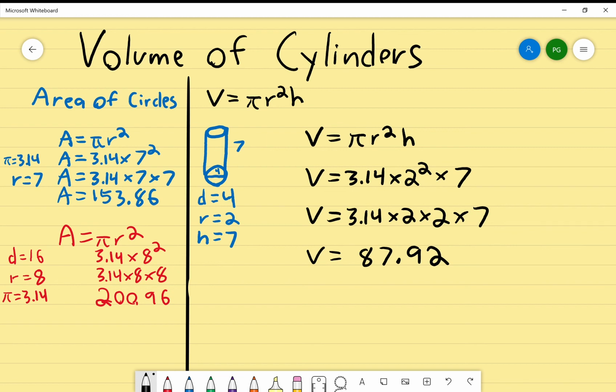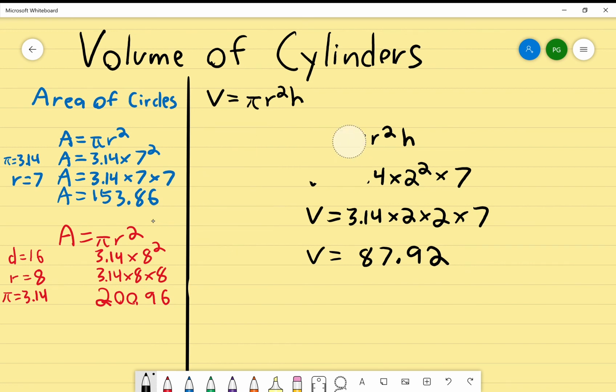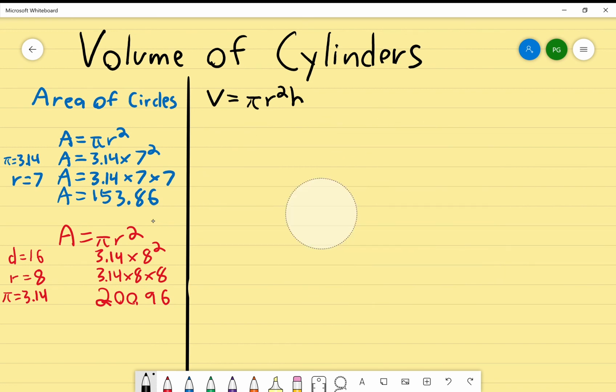I'm going to give you one last example and we're done, okay? Let's imagine that I tell you your diameter, in this case, is 17 and your height is 5.